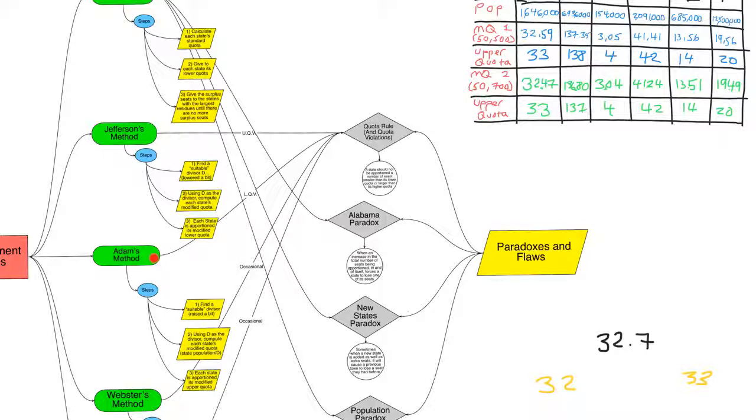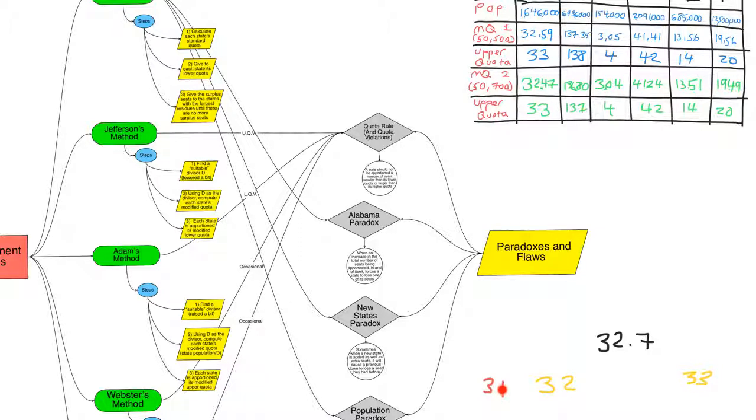So the Adams method sometimes results in a lower quota violation, denoted by LQV, which means that occasionally, when you're using the Adams method, you might end up with a number like 31 as your final seats to be apportioned to this state, when the lower quota is 32, so therefore you're not quote-unquote allowed to go below that.